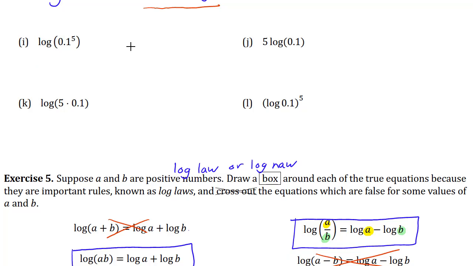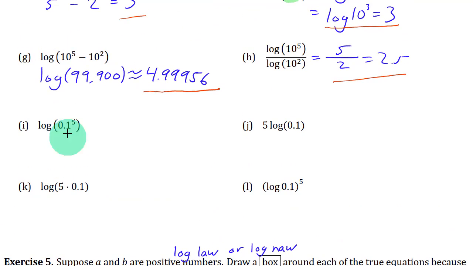I want to try to do the same thing as before. Try to think of the thing inside the logarithm here as 10 to a power. How can we do that? Well, taking that 0.1 is the same as 1 over 10, or 10 to the power negative 1. And then that's to the power 5 in there.